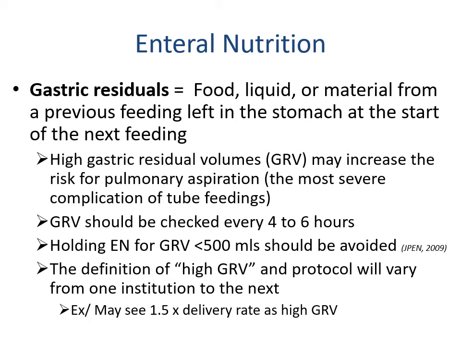Now what you will see, for example, is some facilities may say 1.5 times the delivery rate. So if I'm giving the patient 50 milliliters an hour, 1.5 times 50 is 75 milliliters per hour. If you see a buildup of 75 milliliters per hour, that institution may suggest that you stop the feed. ASPEN guidelines do not recommend that, but facilities will set their own standards and recommendations.